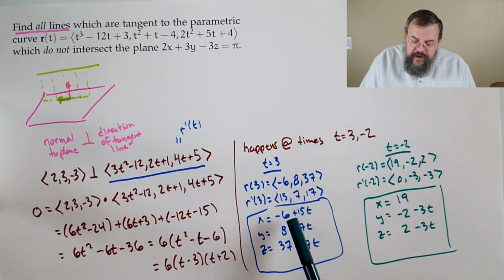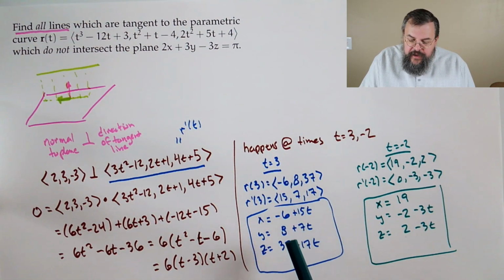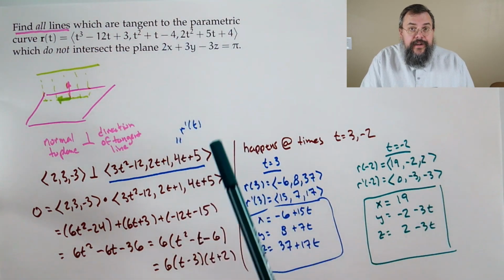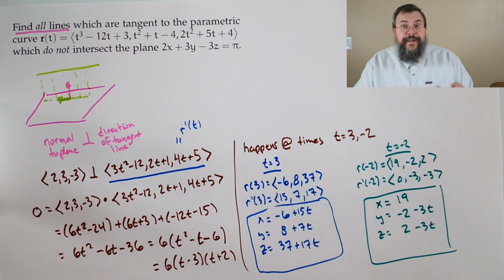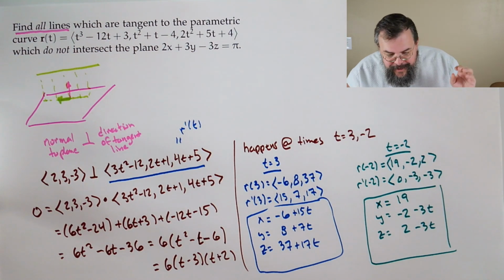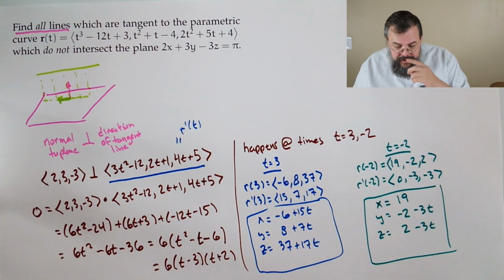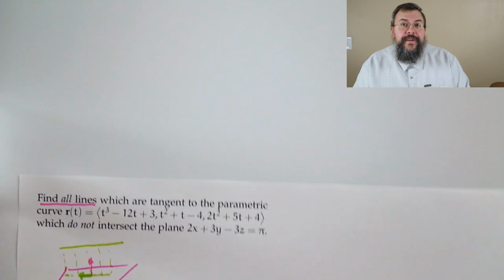When you plug in these points, negative 6, 8, 37, or 19, negative 2, 2, into the right-hand side, there's no way you're going to get pi out. So they're definitely not in the plane. So we're done. Woohoo! What a fun problem.